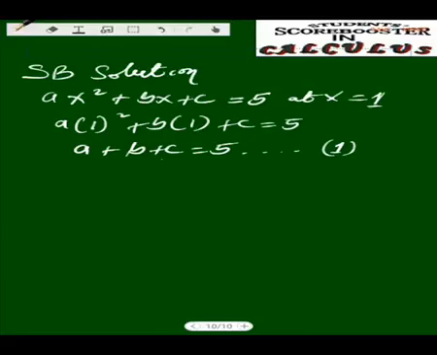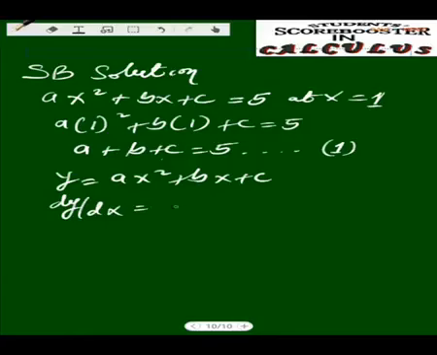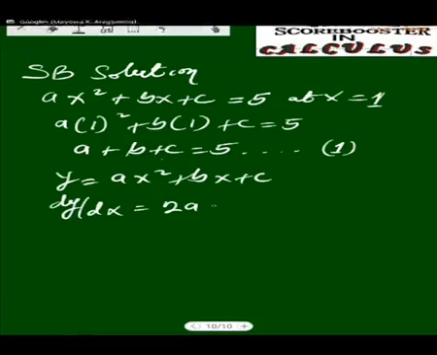Now, if its derivative is 2x plus 1, that is, if the derivative of this function is that. To find the derivative, let me rewrite this as ax squared plus bx plus c, so that the derivative dy/dx is equal to 2ax plus b.